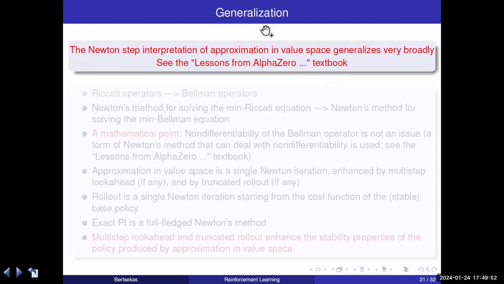Okay, so let me also mention that there's a broad generalization of all these graphs that I gave you and all the ideas behind them. And they generalize very broadly to essentially arbitrary dynamic programming problems, both deterministic and stochastic, both finite horizon and infinite horizon. Because dynamic programming ideas do not really depend much on the state space that you use or the control space. They apply in great generality.